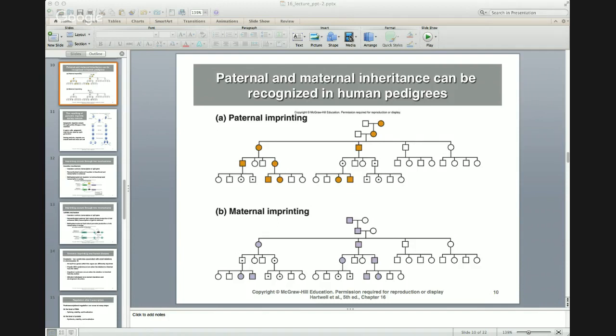So here's an example of how splicing varies and how it affects gene expression. In this case, it's a sex-specific type of regulation that occurs.